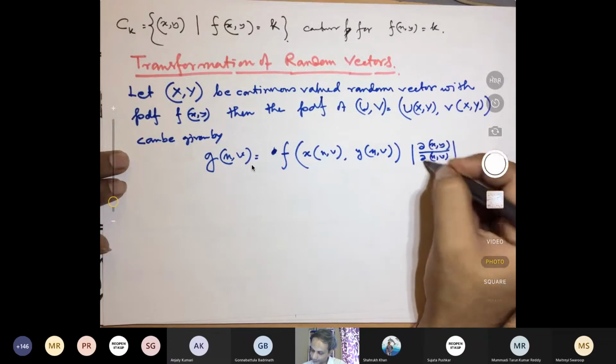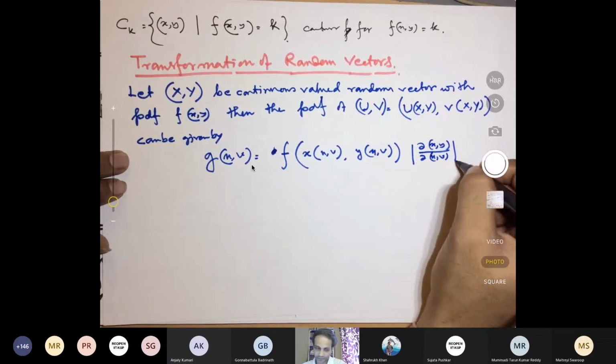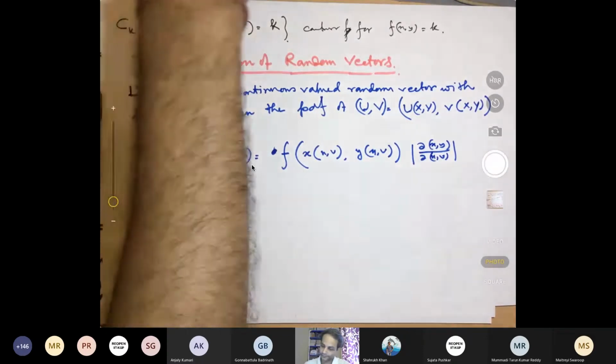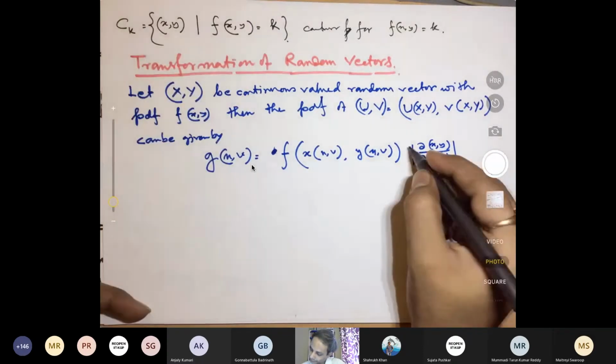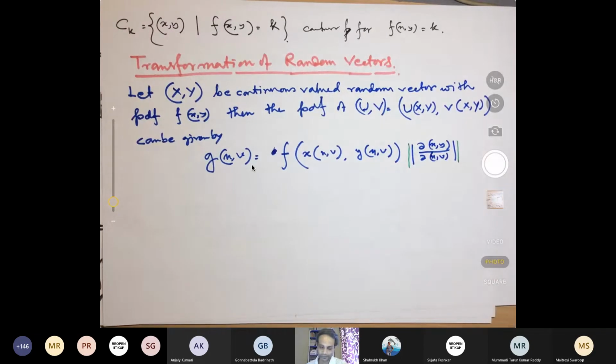This derivative will give you a matrix, and this symbol is for determinant, and another symbol is for absolute value.